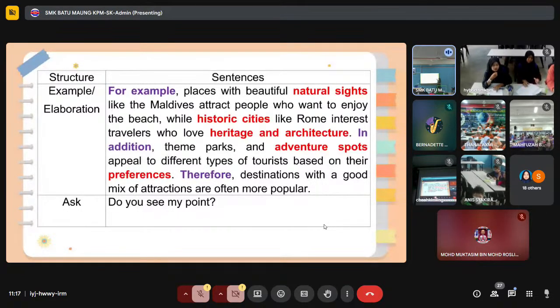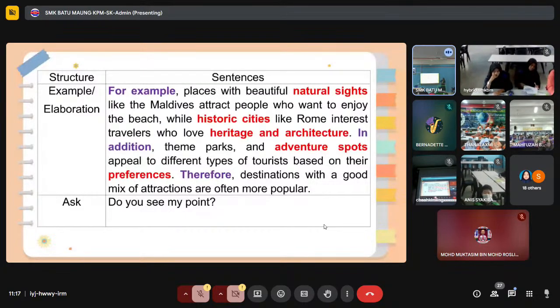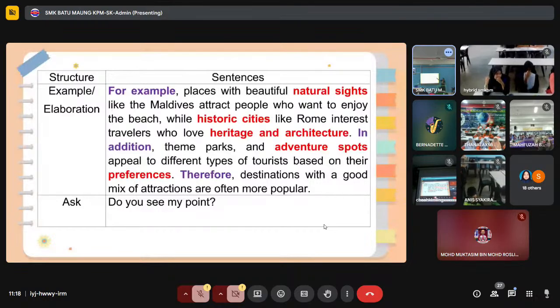So good vocab. In addition, is a cohesive device. Theme parks and adventure sports appeal to different types of tourists based on their preferences. A good vocab. Therefore, destinations with a good mix of attraction are often more popular. Those are your examples. You quote a few cities there.